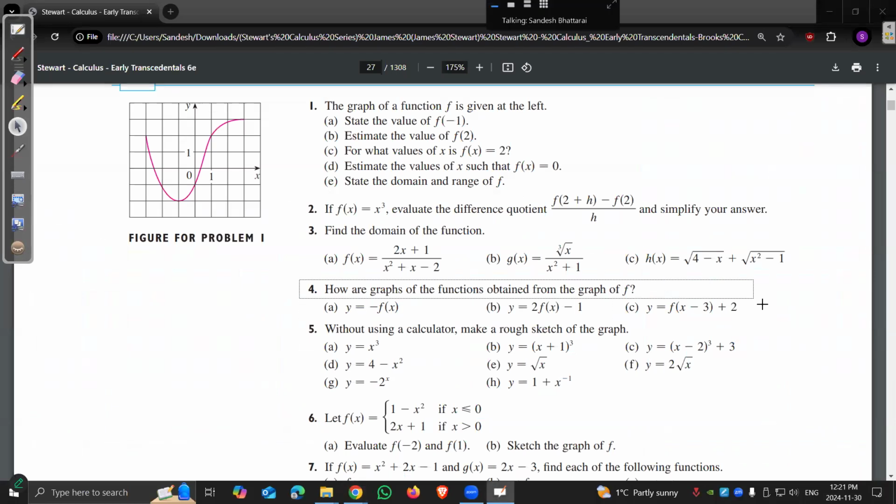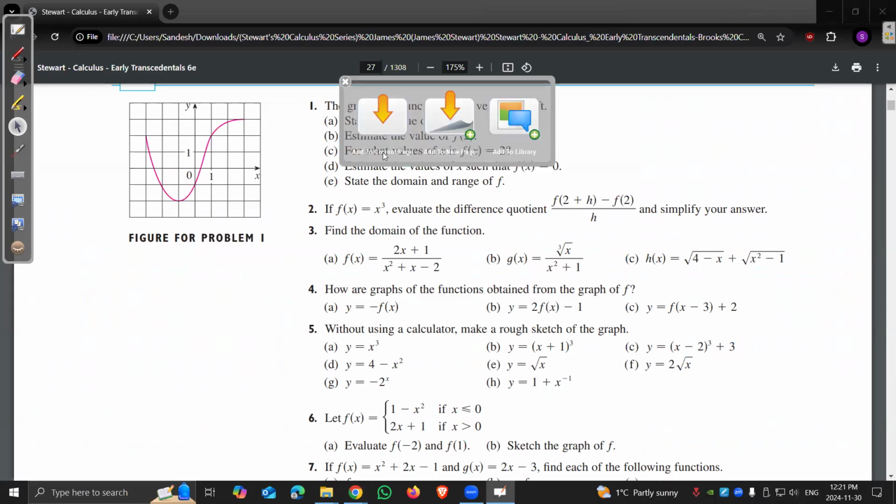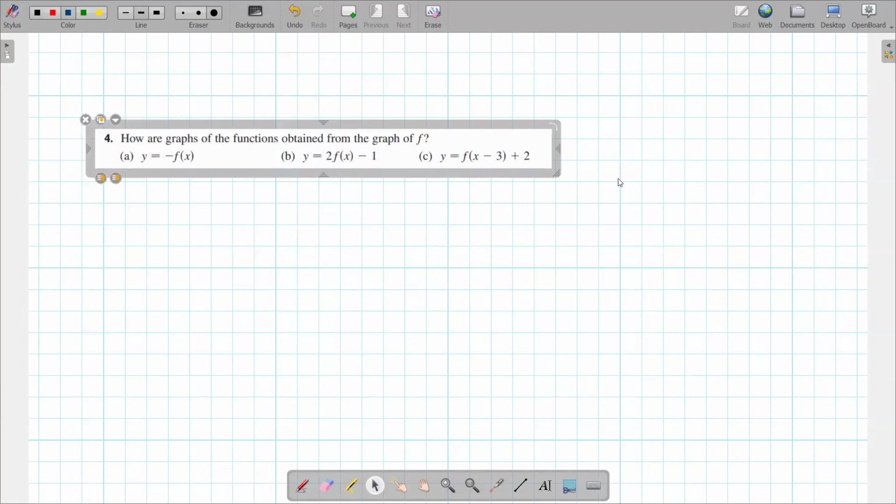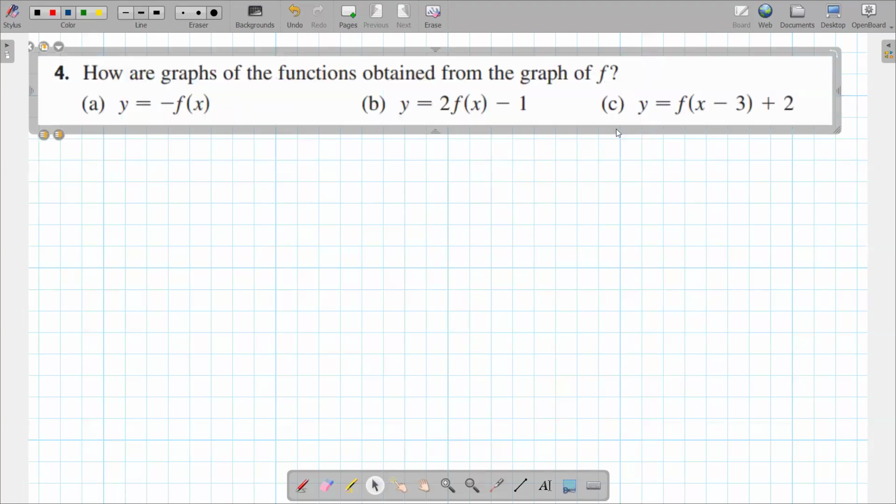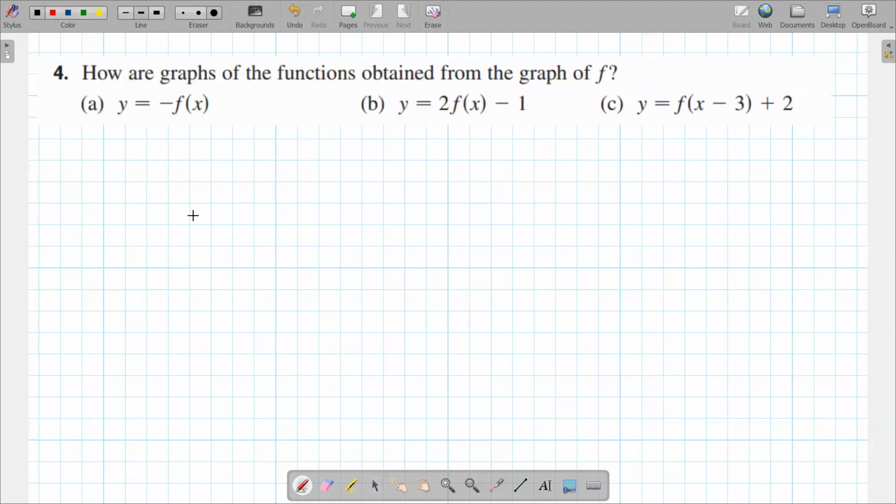This next question deals with transformations. So again, you have to see whether the transformation is being done inside the function, being done inside of the x, like this.